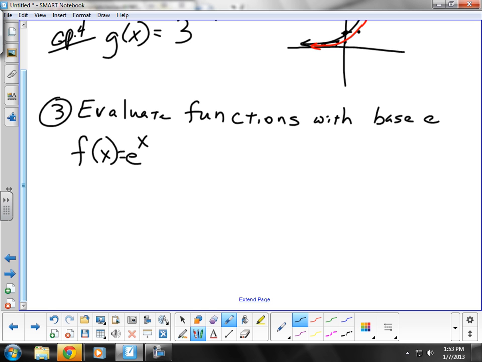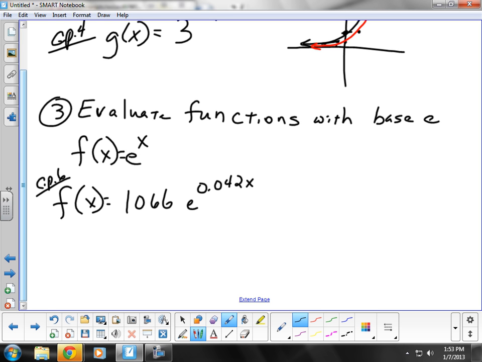It says the exponential function f of x is equal to 1066 e to the 0.042x, models the gray wolf population of the western Great Lakes.